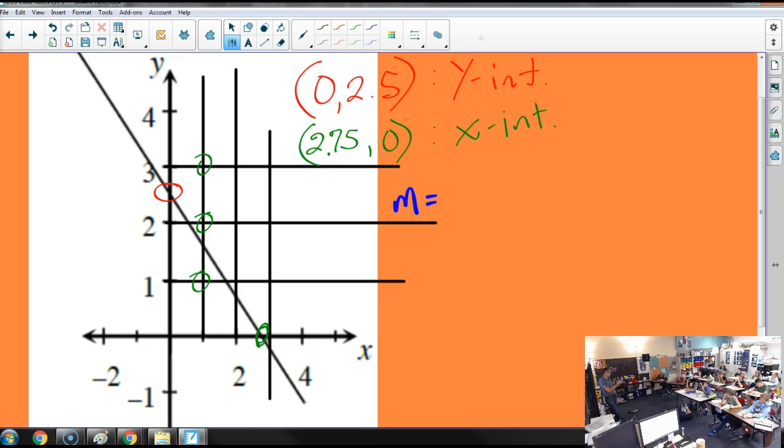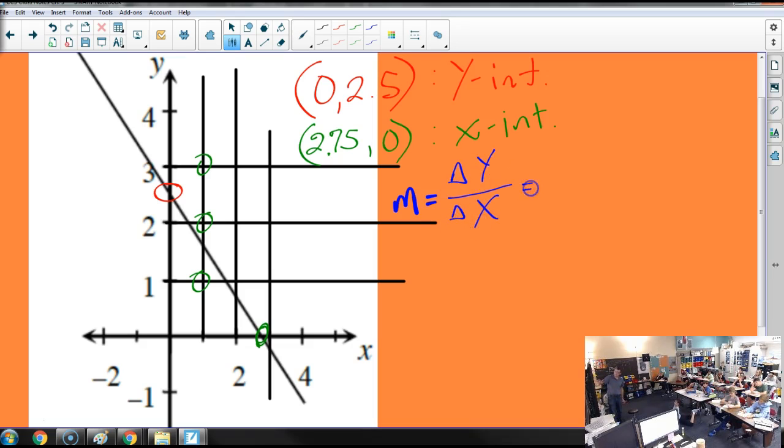You just put the ones in front of the twos, but technically it doesn't matter. I don't care how you do it. M is how we notate our slope. Don't ask me why. At some point, somebody decided M is the abbreviation for slope. It is your change in y over the change in x.